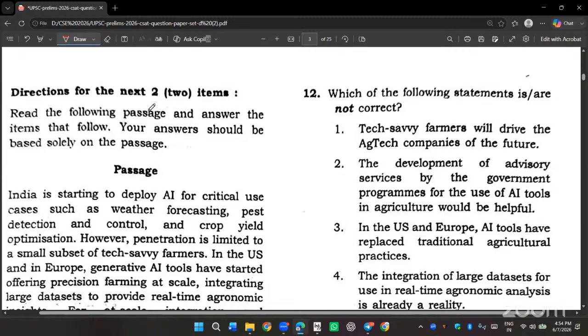Then India's people will be saved by you officers. That's all. If you realize this rhythm, pulse of the question paper while reading, then you will clear CSAT. Become like officer.